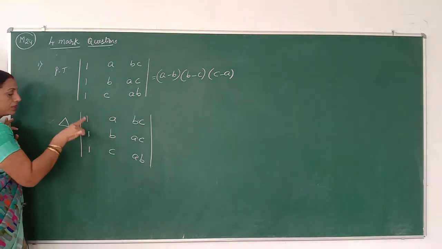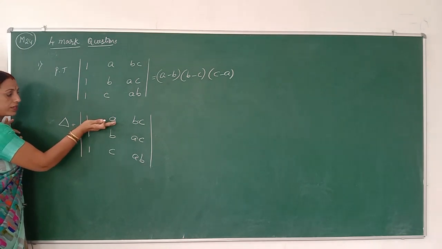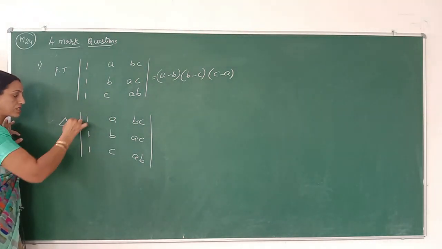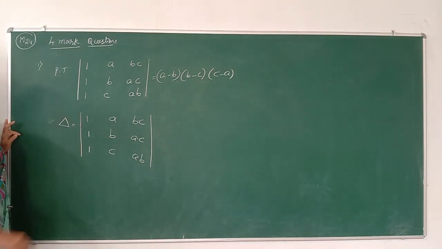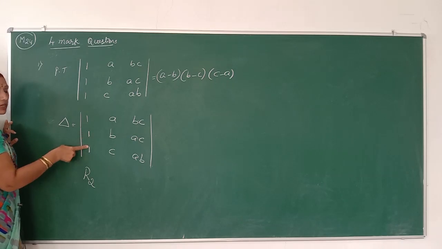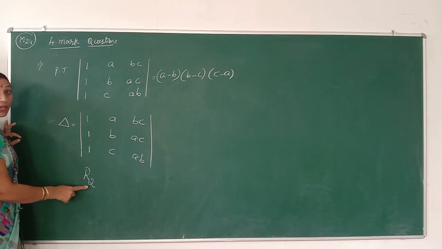So with that condition, now we fix the elements of the first row, and the remaining two rows always depend on it. So it means R2 can be changed, because 1, 1, 1 are the elements column wise, therefore we operate row wise.